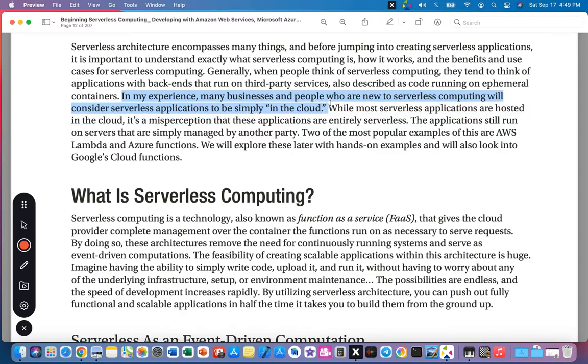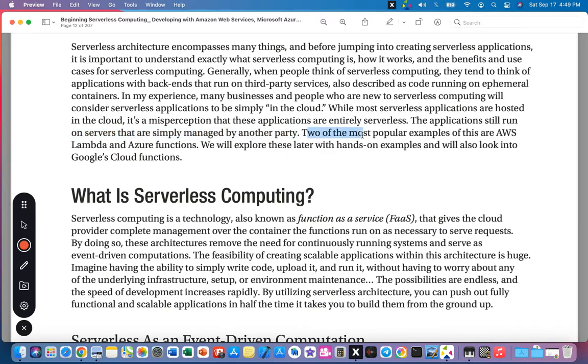While the cloud is basically a data center that belongs to some company, right? While most serverless applications are located in the cloud, it is a misperception that these applications are entirely serverless. The applications still run on servers that are simply managed by another party, of course.